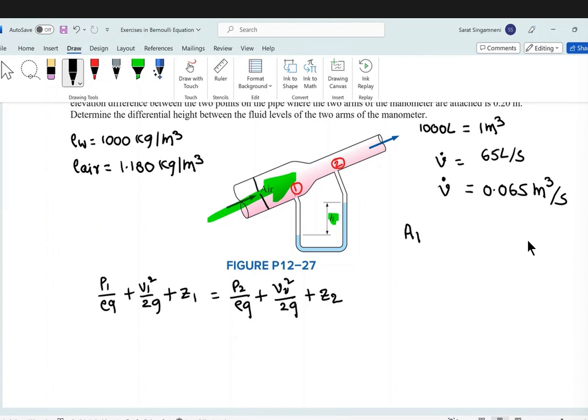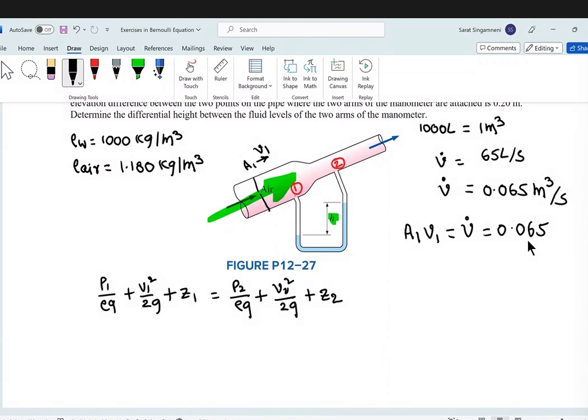If you call that cross section A1 and the velocity V1, A1 times V1 is equal to that volume rate, which is 0.065 meter cube per second.